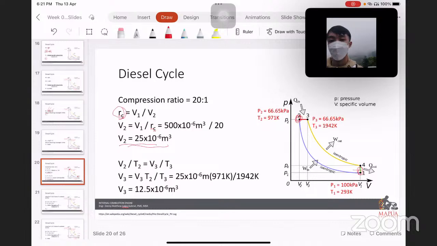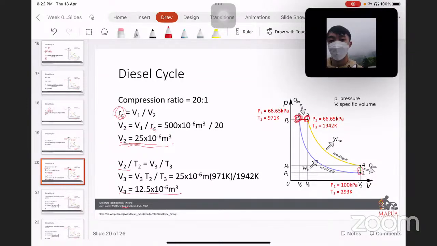Ngayon, binigay sa atin yung cut-off ratio. Ang cut-off ratio is the ratio between V3 and V2. So meron na tayong cut-off ratio given sa atin at 2. So yung cut-off ratio can be calculated from V2. Ayan. So makukuha natin yung V3 natin.